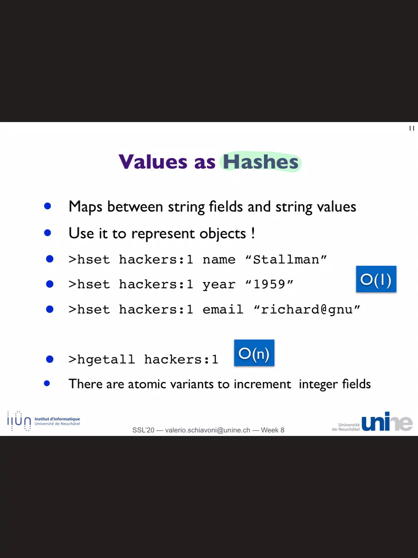If you think about Java programming, or object-oriented programming more in general, you can use this approach to more simply represent full objects in your key value store. Let's see how this works.